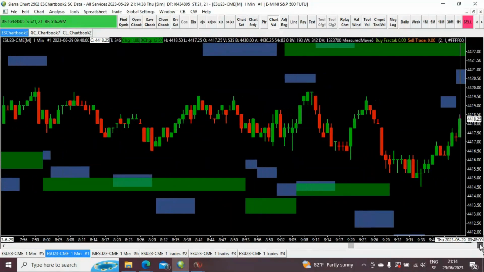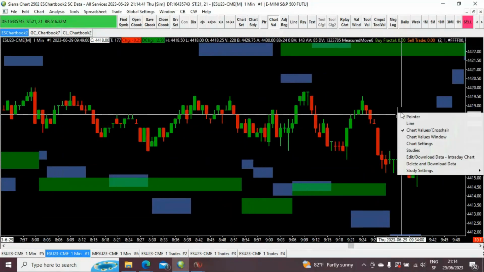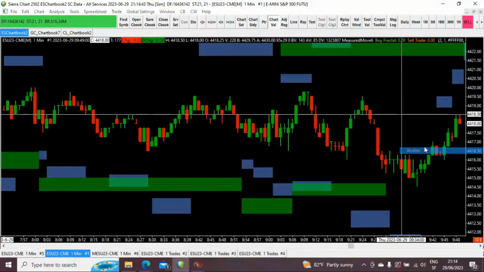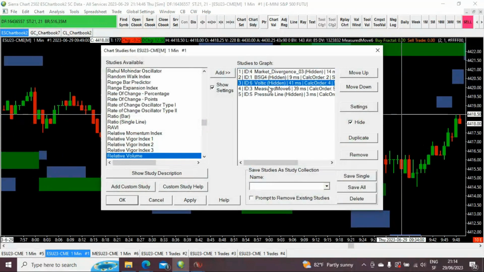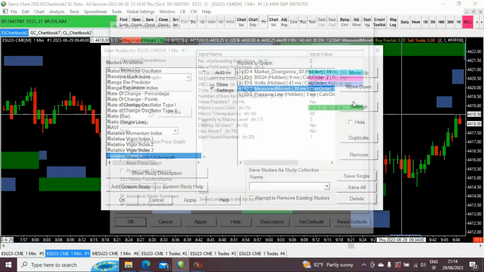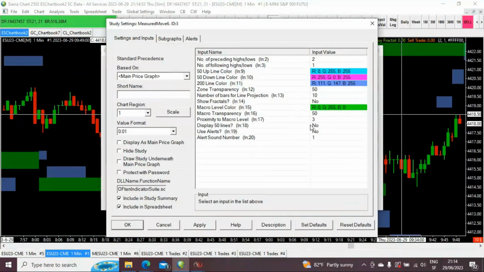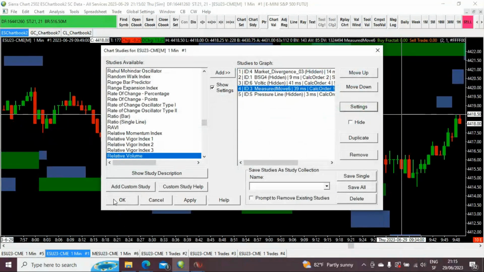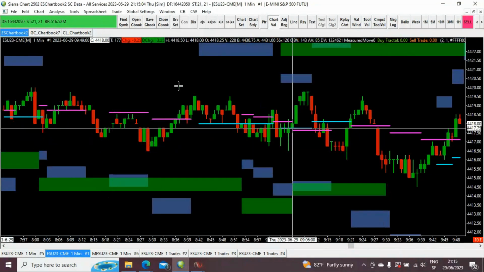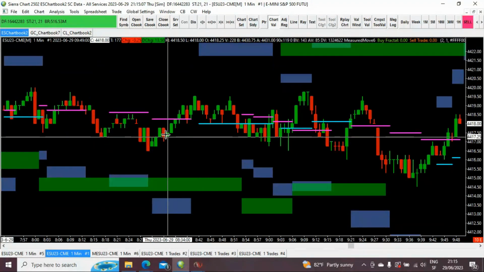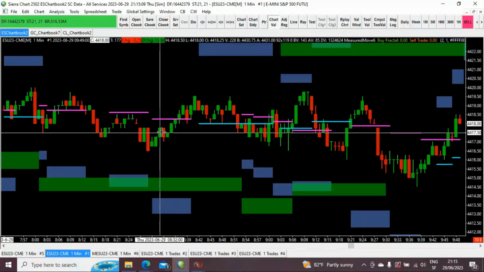Now there is another setting you can put in the measured move, which covers another topic that Ray has mentioned recently, which is this one. So these horizontal blue and pink lines are what Ray often refers to as a tipping point, or a 50 line, or half back.